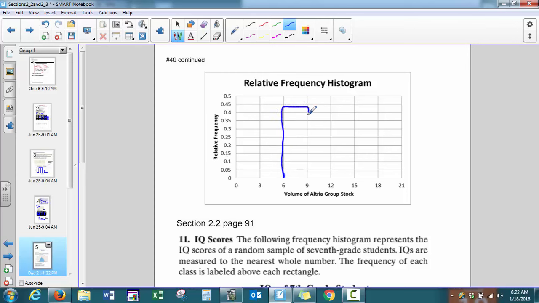So here from 6 to 8.99, remember that was 15 divided by 35, which is 0.43 or 43%. And this chart is also missing that extra bar that it needs as well. 24.